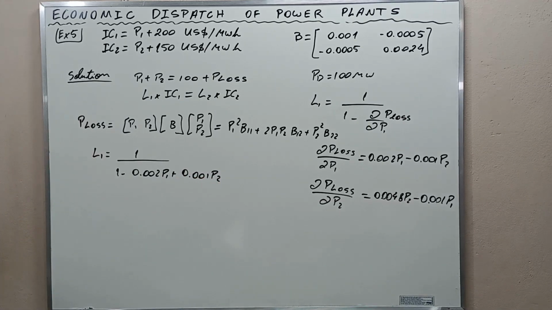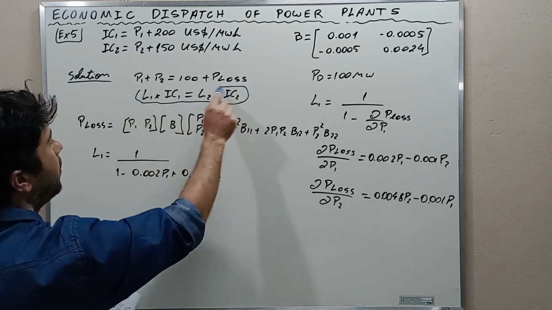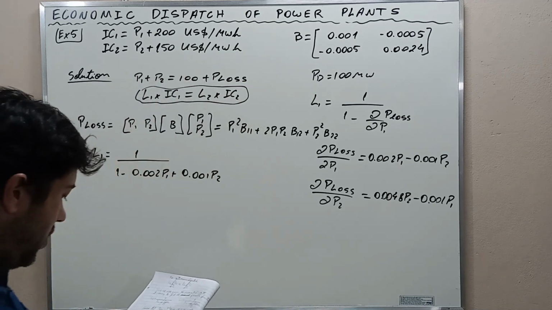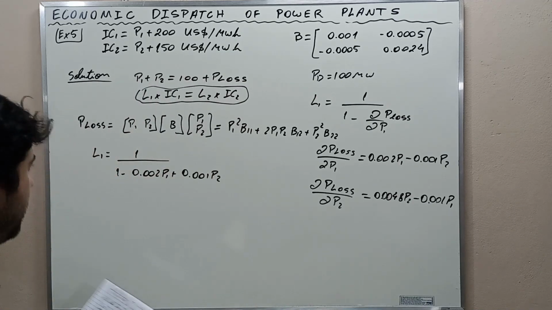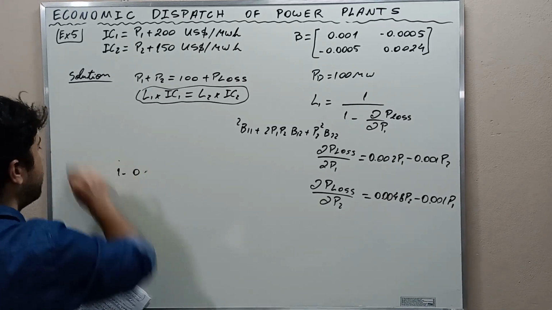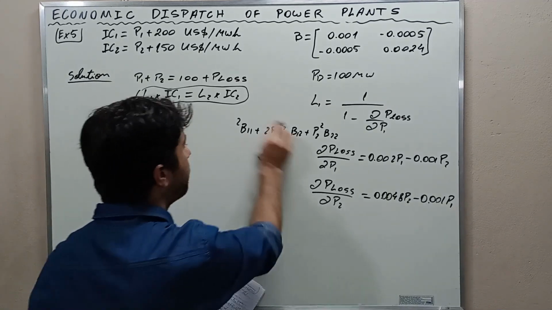And we're going to do the same for L2. Using this here, we get to the following result, which is very important. If you arrive at this result, it means that you have understood it all.